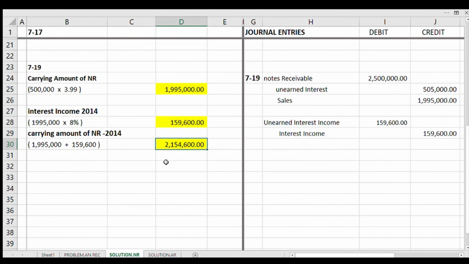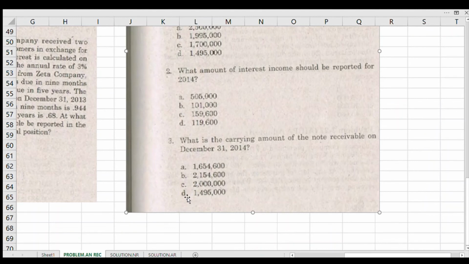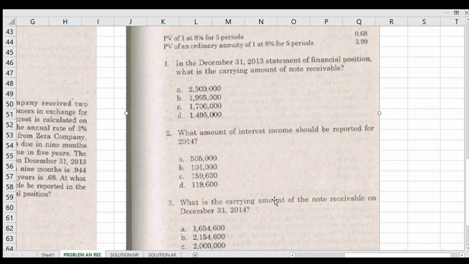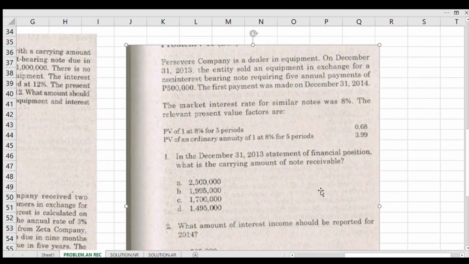Our answer is 2,154,600, so the answer is letter B. It's going to be quite easy for us to answer this type of question since we know how we will treat this type of problem, and we are aware of how to use the data supplied by the problem.